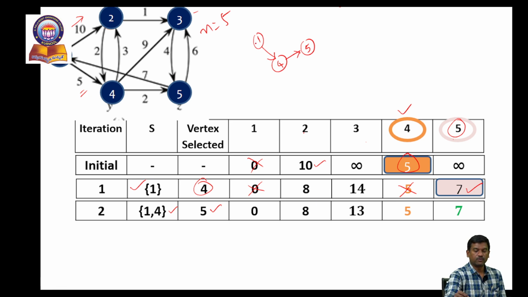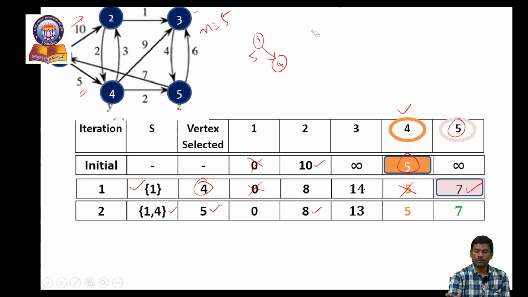So from 1 through 4 and 5, can we reach 2? Of course, we can reach from 1 to 4 to 2. What is the cost that has been associated? That is 5 and similarly 3. We cannot reach from 1 to 4 to 5 to 2. And that is the purpose where the distance is not updated. The same value, that is 8. And take the next one, that is from 1.